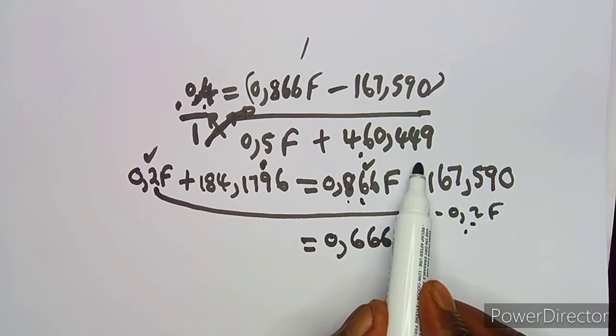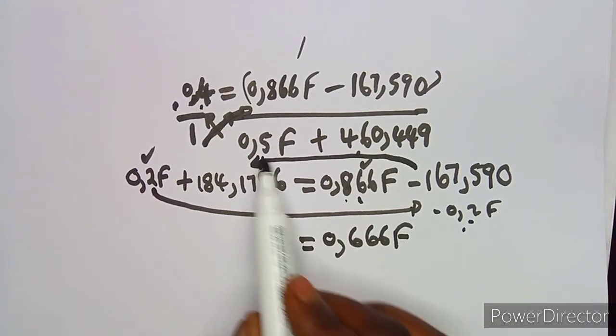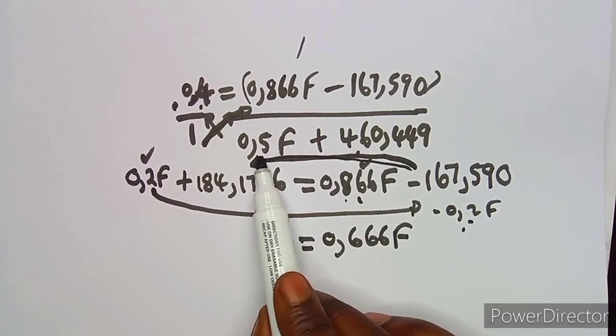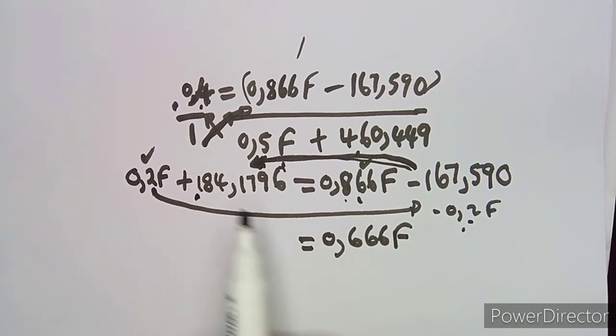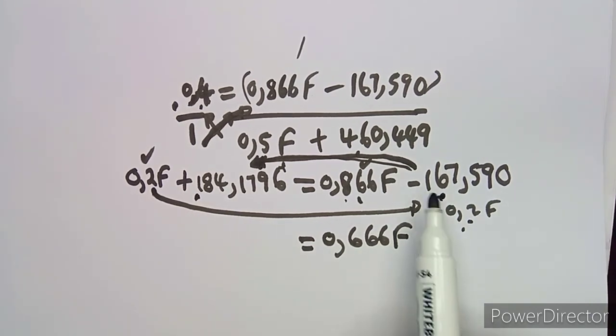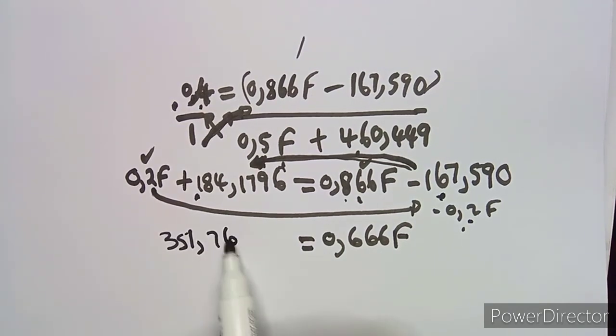So you subtract this. Also you're going to transpose this minus to the left hand side. It was a minus, the moment it crosses the equal sign, it's going to be a plus. So you add this number to this number because it's now a positive there. You're going to obtain something like 351.7696. This is what you're going to have, guys.